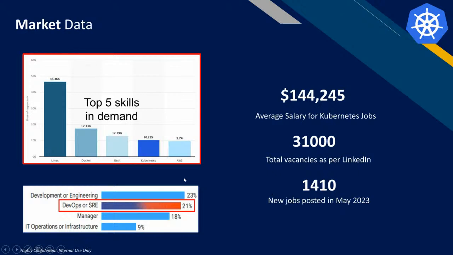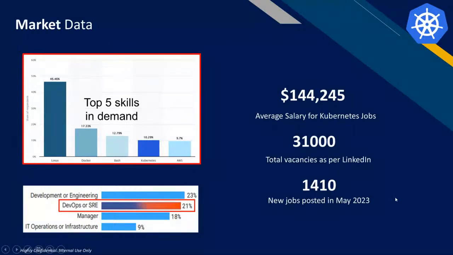Out of which we find that 46.46% are people who must know Linux. People need to know Docker. People need to know the shell environment, the bash shell, and this demand is growing.